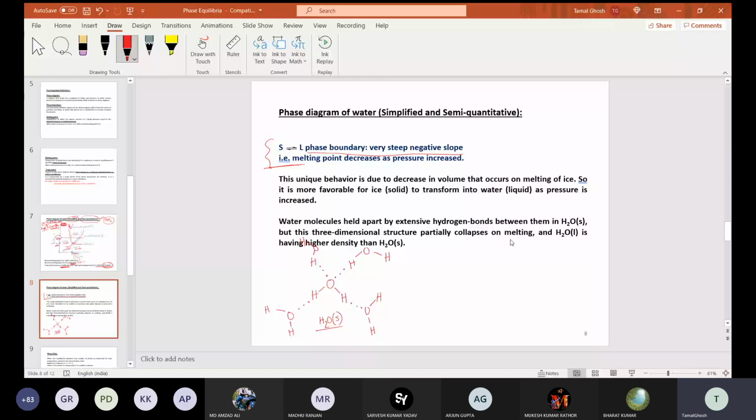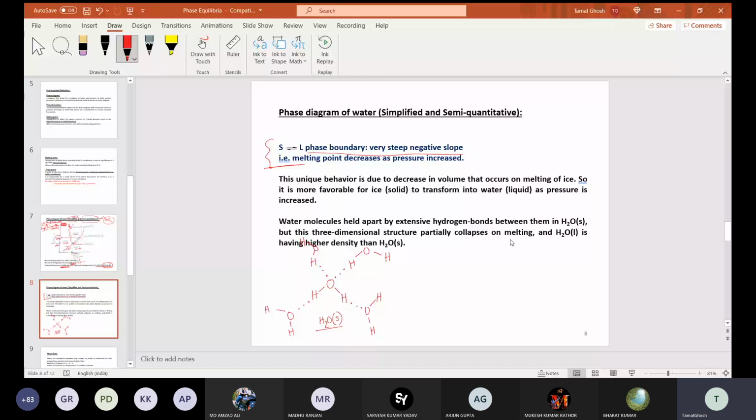And if you remember the hybridization and the spatial orientation of these bond pairs and lone pairs, such hydrogen bonding will make an extended hydrogen bonded 3-dimensional structure in water solid or in ice form.